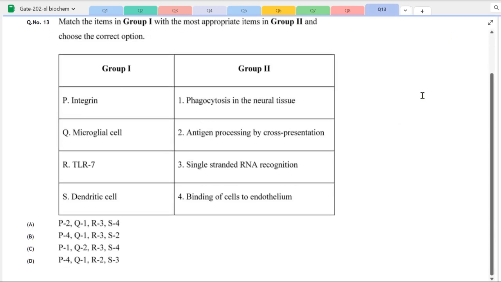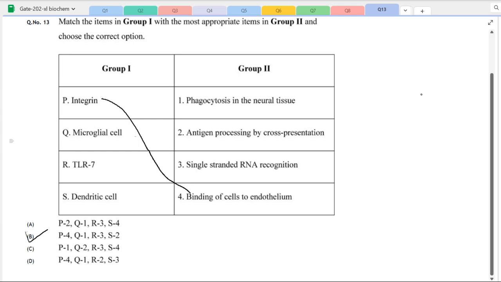This is pretty easy. Match the items in group 1 with the most appropriate items in group 2 and choose the correct option. The correct option here is B. So let's see the options. Integrin, yes, it's involved in binding of the cells to the endothelium, a receptor that helps in attachment.